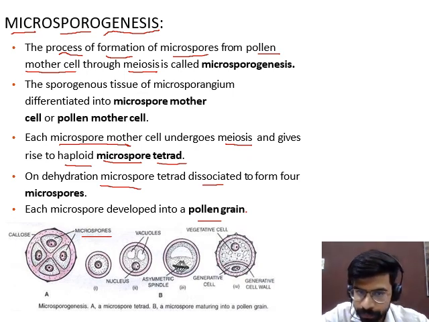Got it? And each microspore gives rise to a new pollen grain. This is the development of pollen grain, a microspore maturing into a pollen grain. Pollen grain contains two types of cells, vegetative cell and generative cell. We will discuss it later.